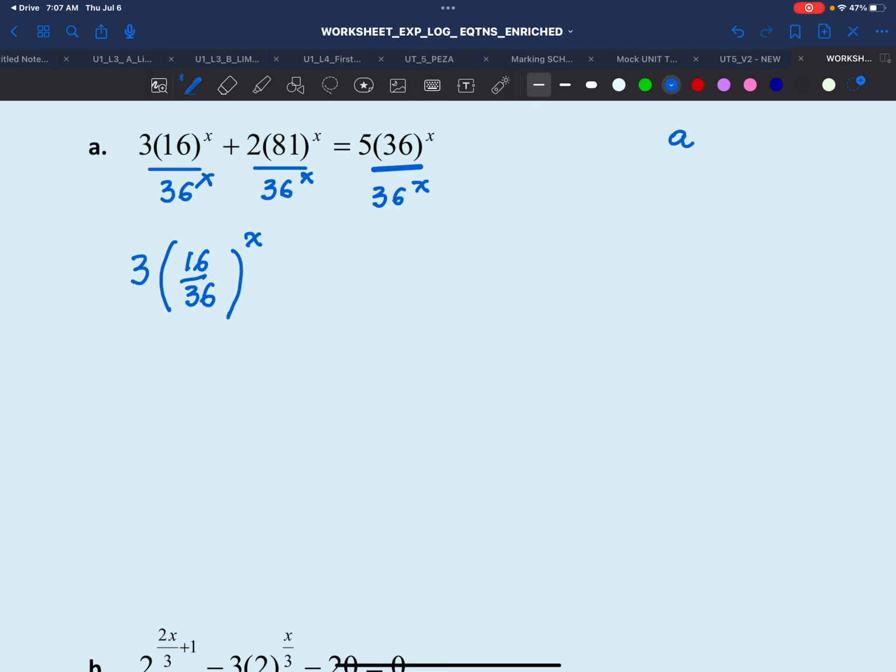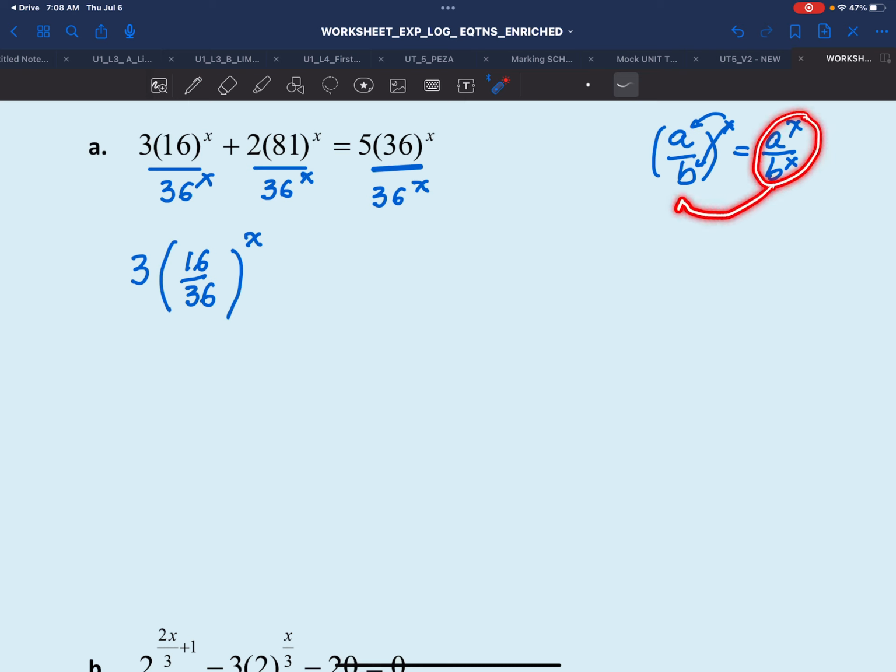Remember that if we have a over b to the power of x, then x applies to both numerator and denominator. That's what gives us a to the x over b to the x. Similarly, if we have a to the x over b to the x, then we can go back to a over b to the power of x.